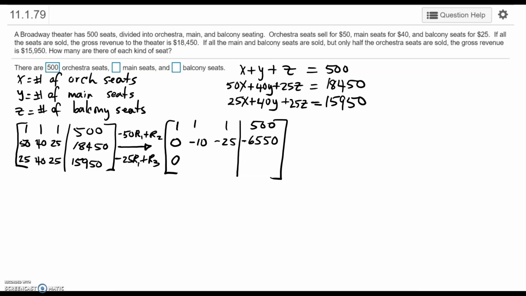Negative 25 plus 40 gives me 15. A negative 25 plus 25 gives me 0. A negative 25 times 500 gives me a negative 12,500. When I add that to 15,950, that gives me 3,450.